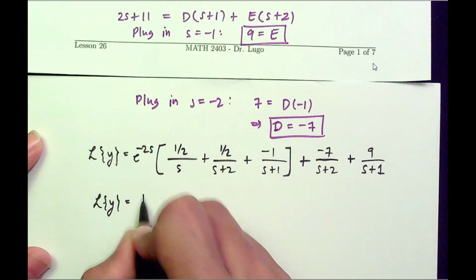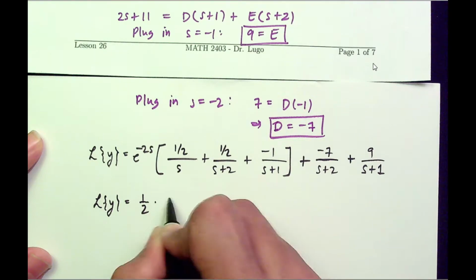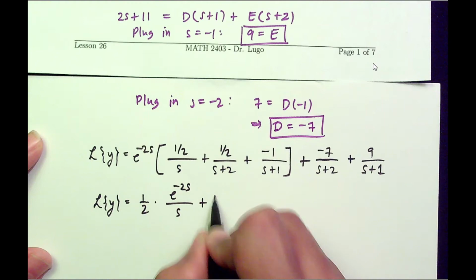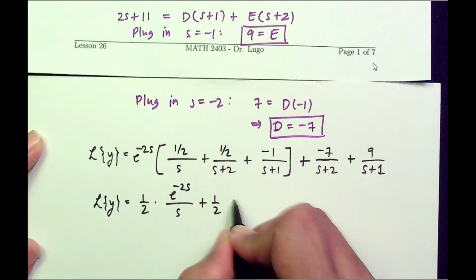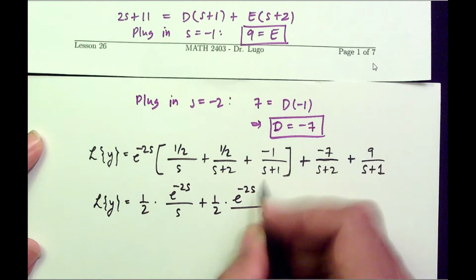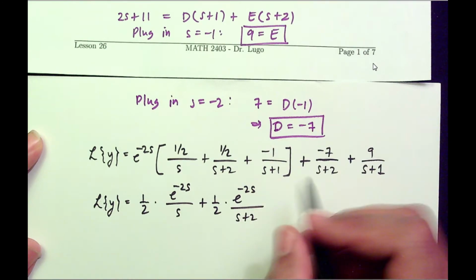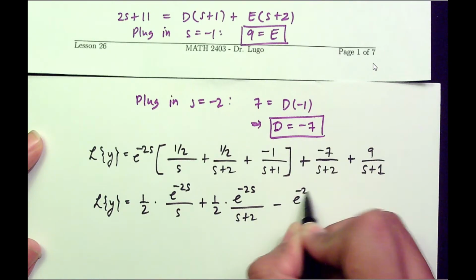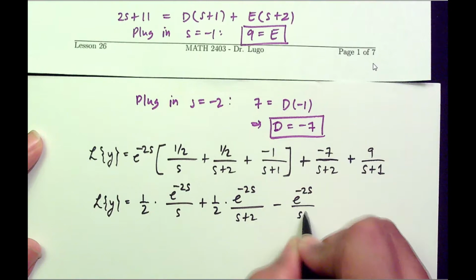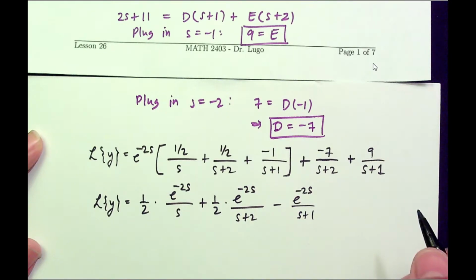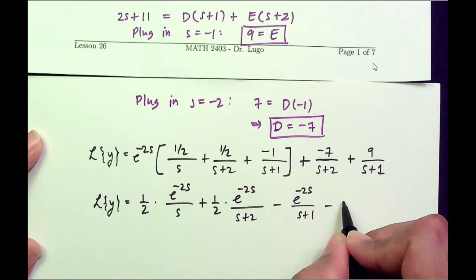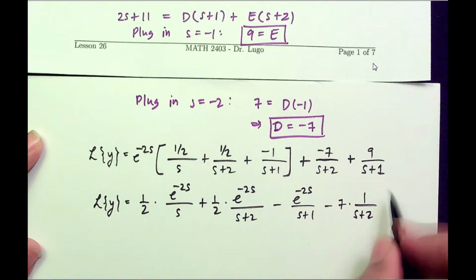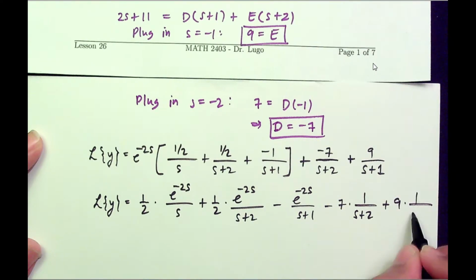So this is going to be 1/2 times e to the -2s over s plus 1/2 times e to the -2s over s plus 2 minus e to the -2s over s plus 1 minus 7 times 1 over s plus 2 plus 9 times 1 over s plus 1.